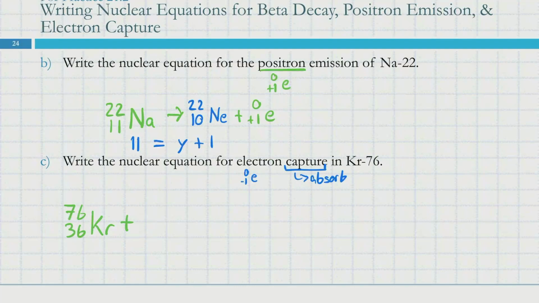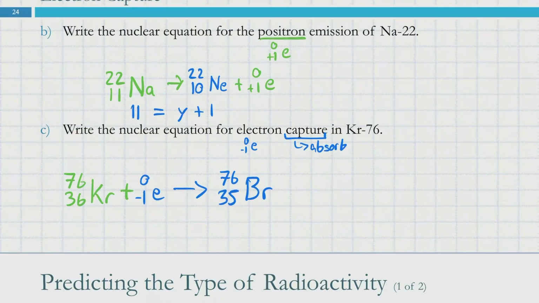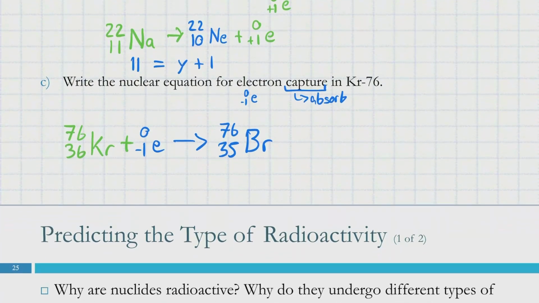Add to that our electron. The top number doesn't change, so it's 76. And the bottom number, 36 minus 1 equals 35. So this would be bromine. So there's that.